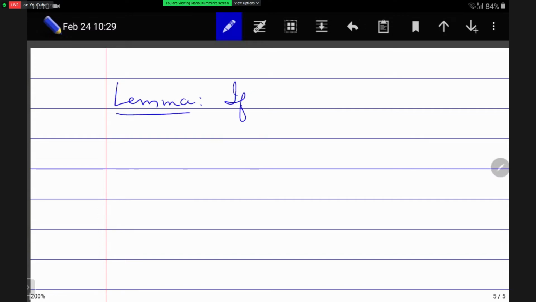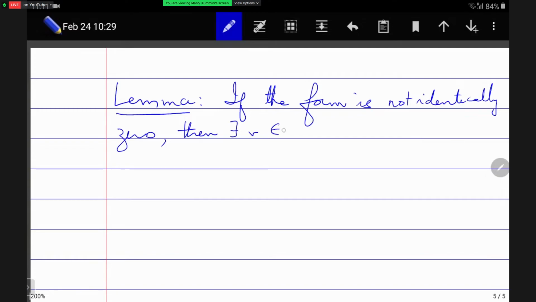Lemma: If the form is not identically zero, then there exists a vector V such that the form of V with itself is not zero.